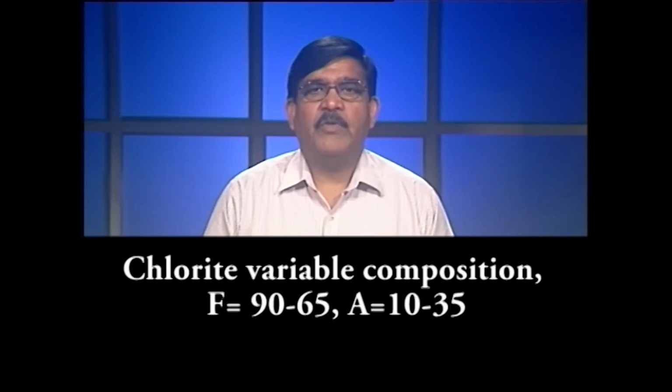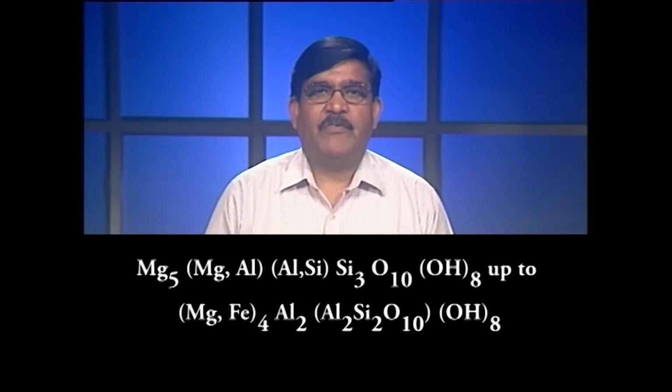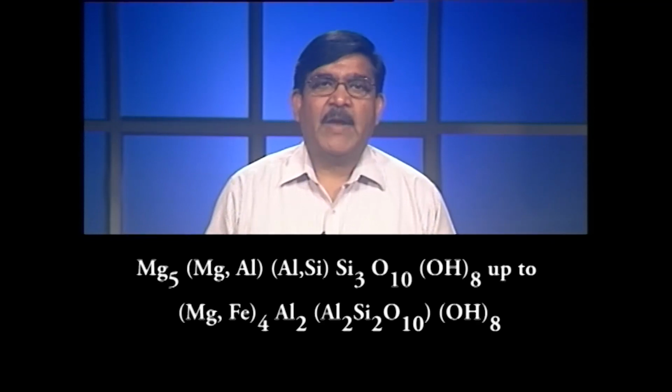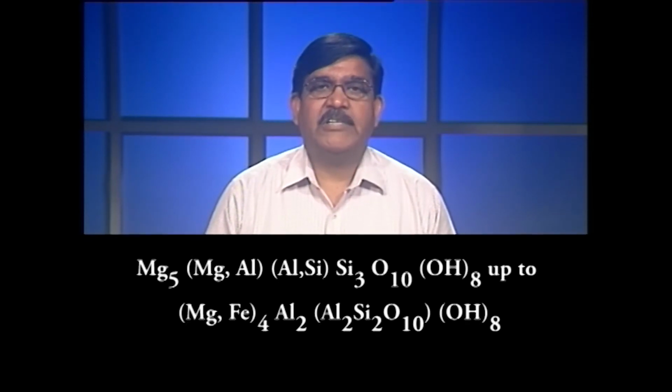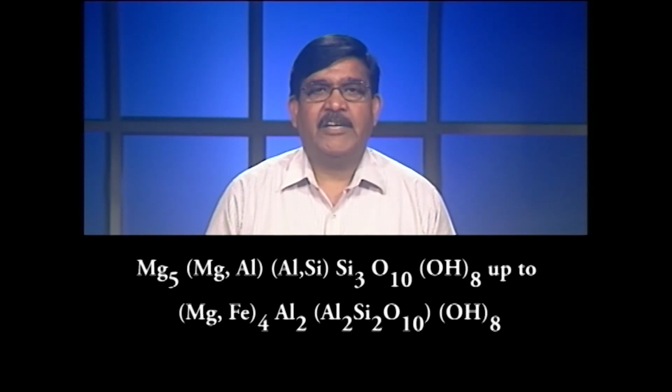Chlorite always shows variable composition. Value of F varies from 90 to 65% and A equal to 10 to 35%. The chemical formula is Mg5(Mg,Al)(Al,Si)Si3O10(OH)8 up to Mg Fe4Al2(Al2Si2O10)(OH)8.